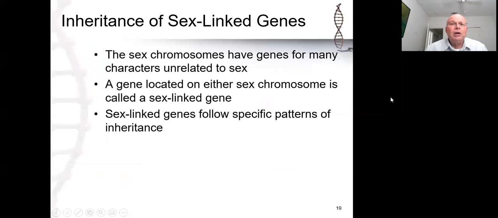So let's take a look at what happens to traits that are associated with the sex chromosomes. What inheritance patterns do they actually show? Now, it turns out that there are about 10 genes on the Y chromosome. One of those genes, known as the SRY gene, is the one that is responsible for determining maleness.